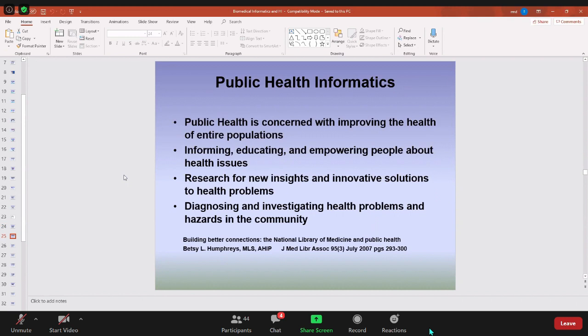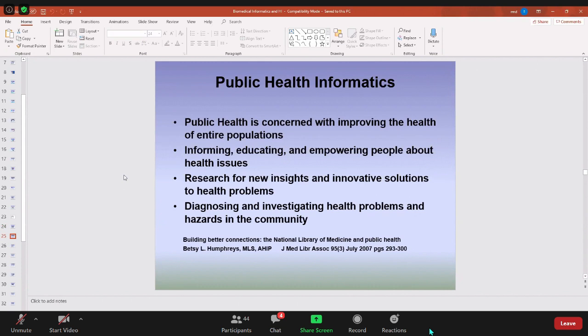This public health informatics actually has an important role to inform, educate, and empower people about health issues. And as I mentioned, it's not just a bulletin, a particular center to disseminate information, not a newscaster, not a news center. They also provide research to look into new insights and innovative solutions to particular health problems.